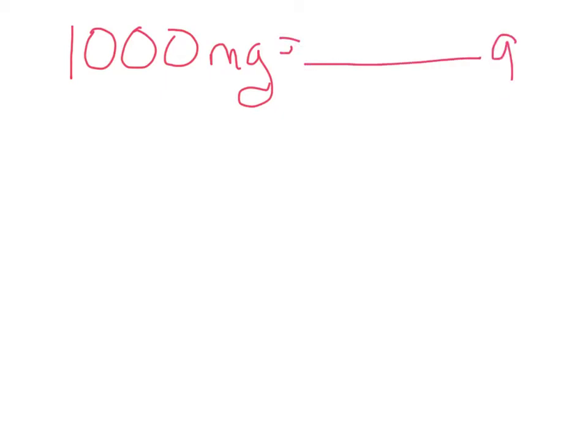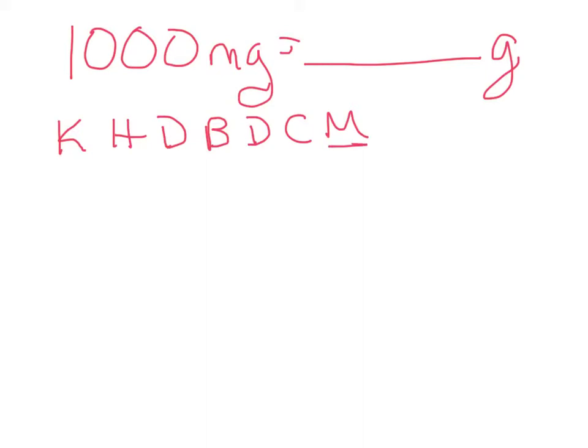Okay, so we're going to work some of the practice problems down at the bottom of your page. You're going to start with 1,000 milligrams, and your problem asks you to convert it to grams. So milligrams, if you use your mnemonic device, King Henry died by drinking chocolate milk. I want you writing this on the top of your paper every time to help you remember. So milligram is right here, and we're wanting to go to our base unit of grams.